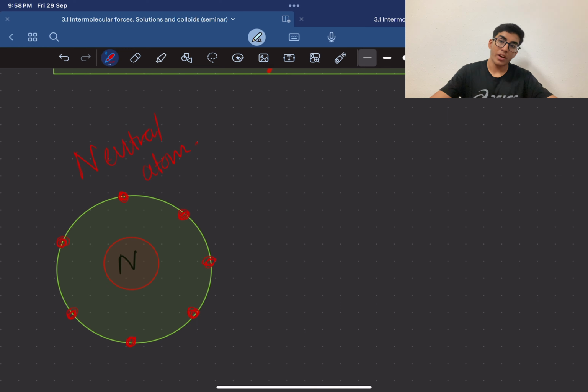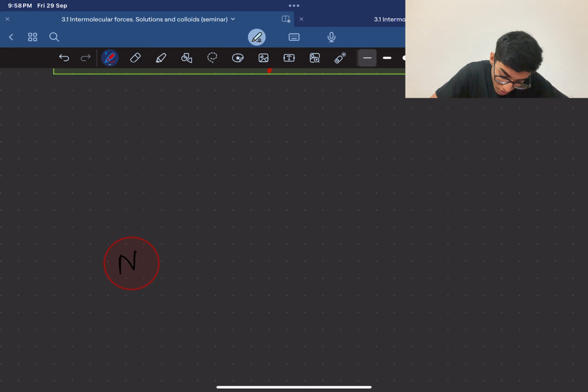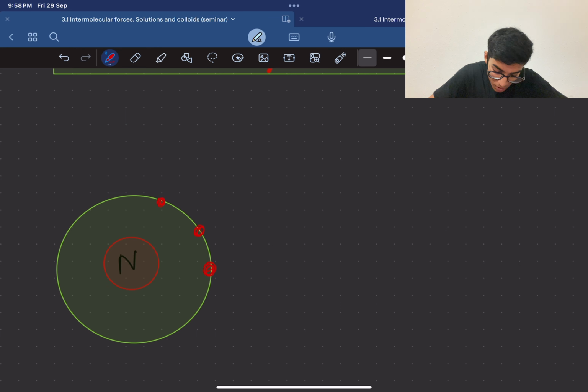Real life isn't perfect. When electrons are revolving around the nucleus, there may be some points where the electrons are all bunched up on one side.